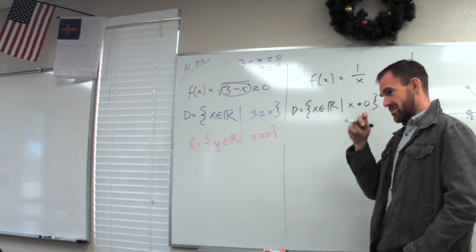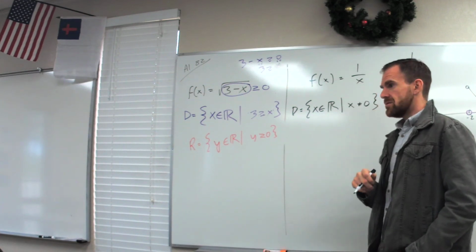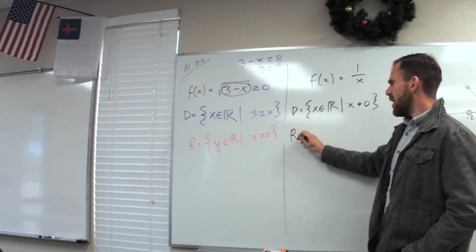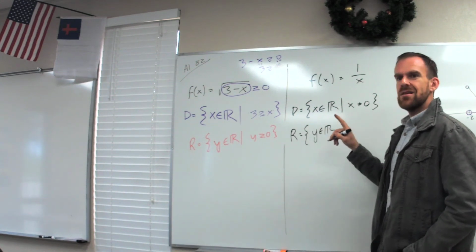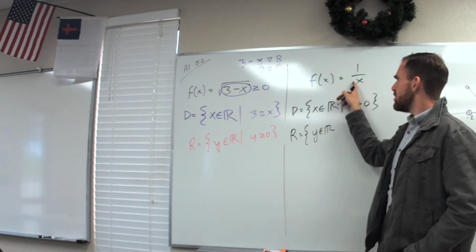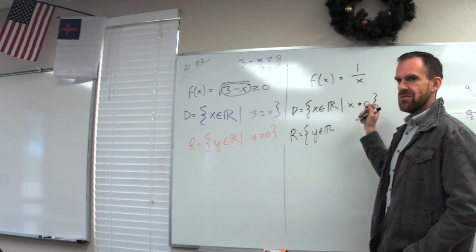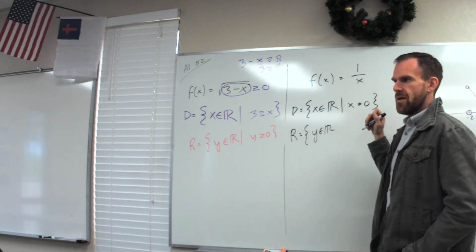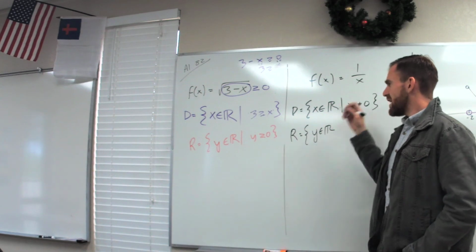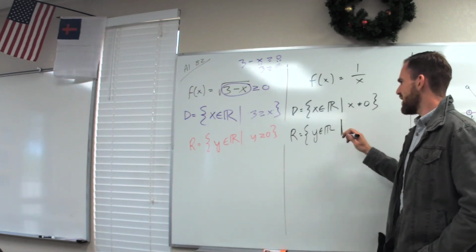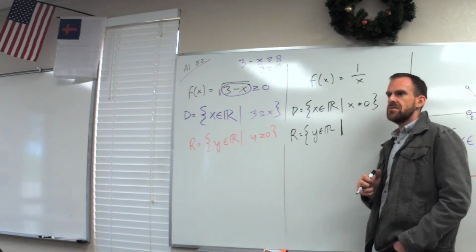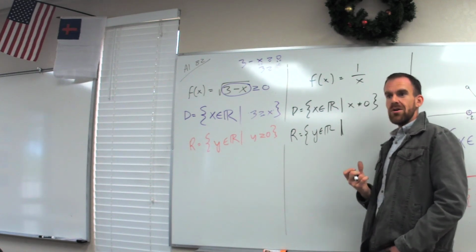What's the range? Range has to do with y, so y is in the real numbers. For those of you who left us, you cannot divide by 0, so the denominator cannot equal 0. The numbers we get out of this, y is in the real numbers. What's the only number we can't get out? 0.